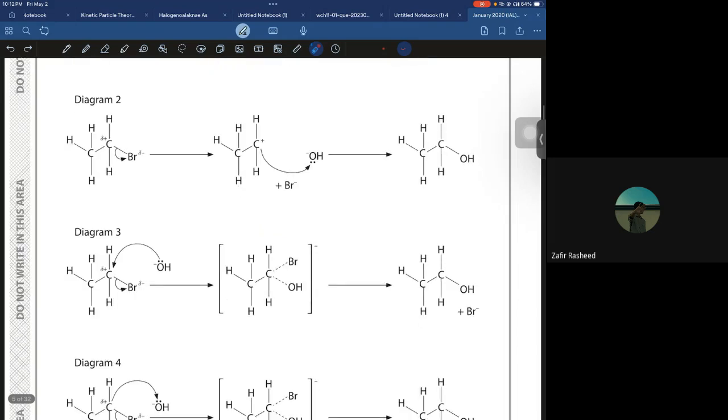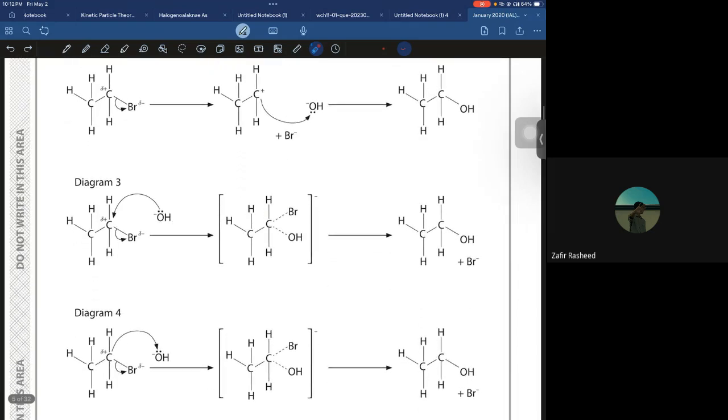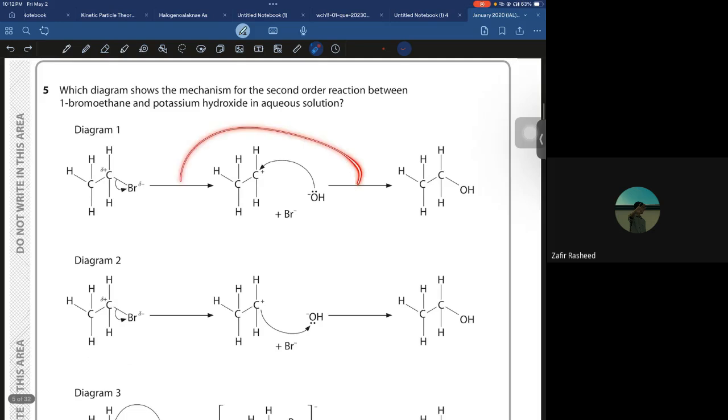And you can see diagram 3. It's 1-bromo. This reaction should take place in one step. It's an SN2 reaction. Why is it going to take place in two steps? First the bond is going to break, then this is going to attack on this positive center. This is incorrect. Diagram 1 is incorrect.